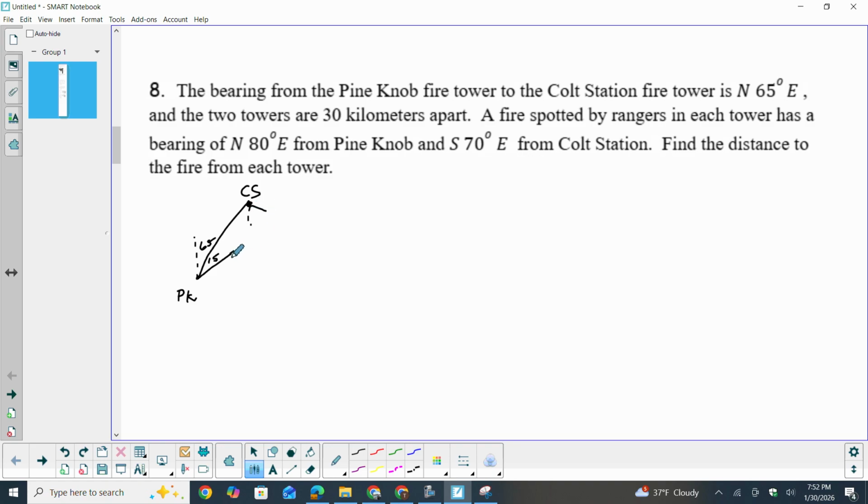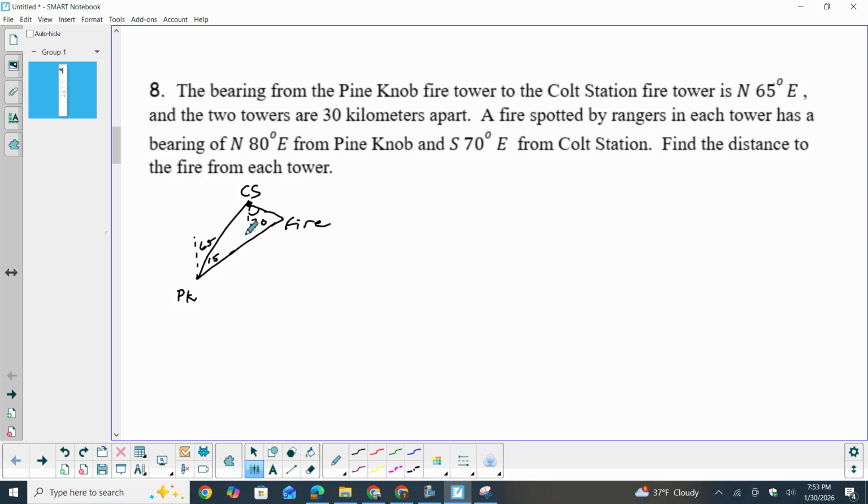Continuing that line down here, here's my fire. And this is 70 degrees east of south. Here is 80 degrees east of north. If this was 65 to the station, then it's another 15 more to the fire.